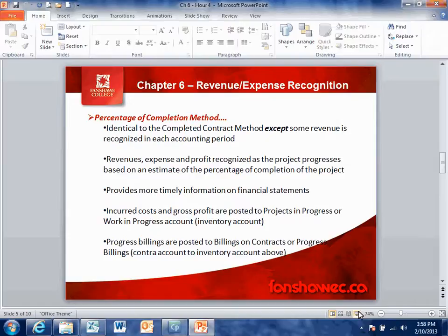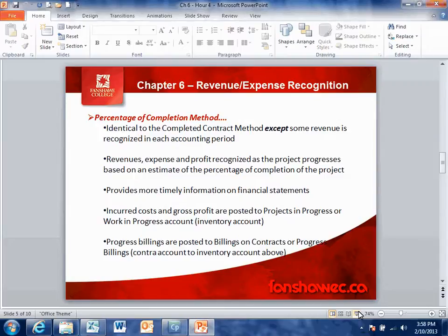So those 3 things, the costs we've incurred, what we've billed them, and what they've paid us. Those entries are standard. I'm not going to spend a lot of time on them in this video because you went through them in the last video, but they're identical under both methods, and again, they're required every single year no matter what, okay?